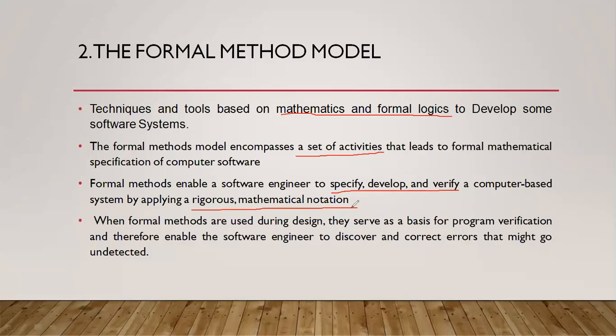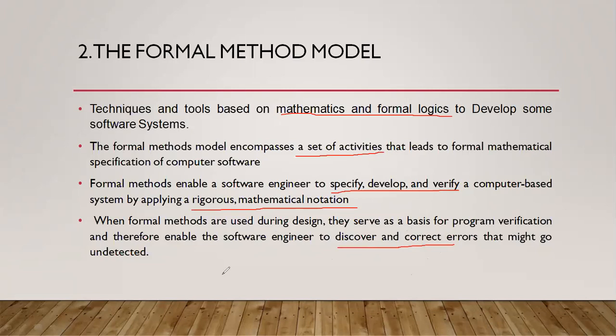Coming to the fourth point, when formal methods are used during design, they serve as a basis for program verification and therefore enable software engineers to discover and correct errors that might otherwise go undetected. Some mathematical functions are used to discover and correct errors which are undetected in our project.